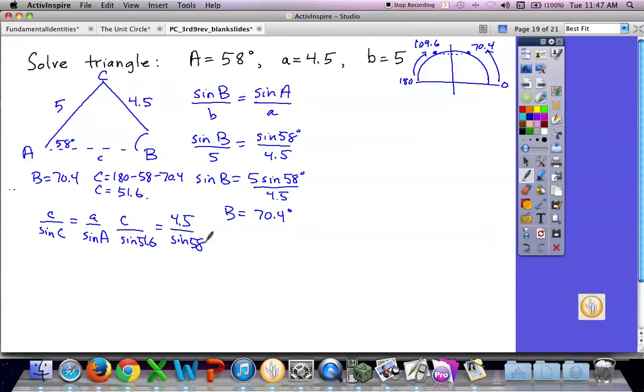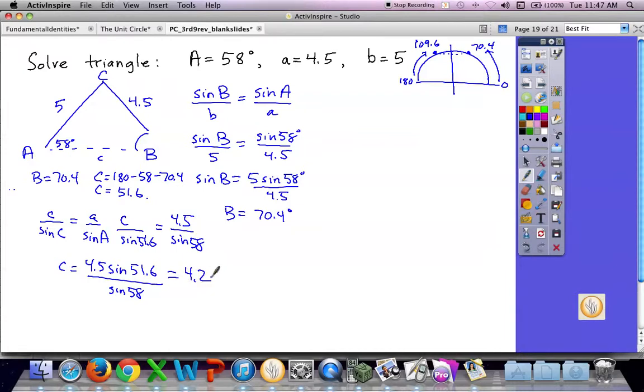So c equals 4.5 times the sine of 51.6 divided by the sine of 58. So put it in your calculator. Now I'm getting 4.2.